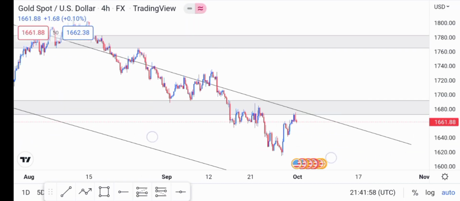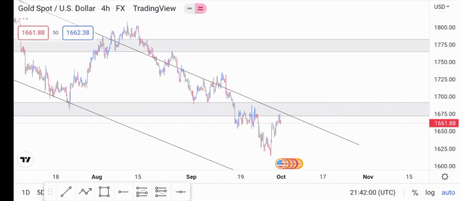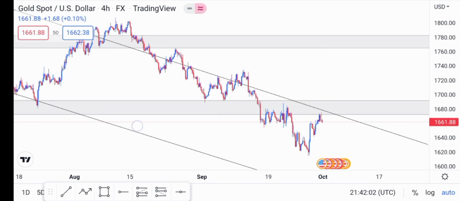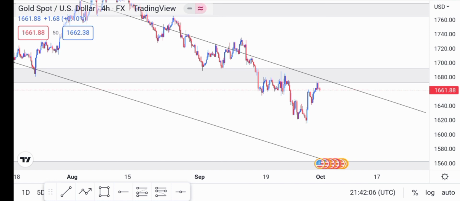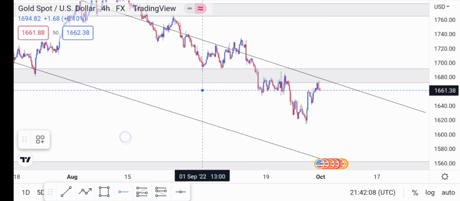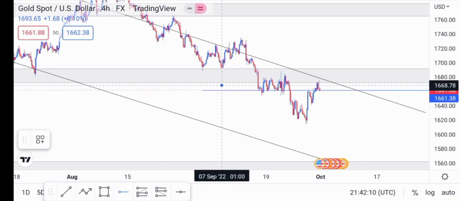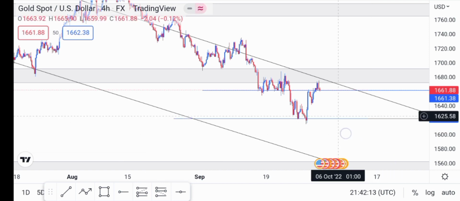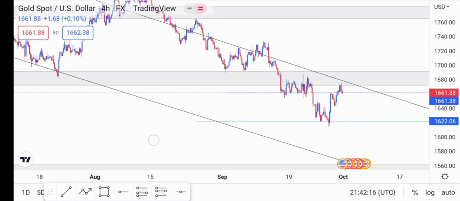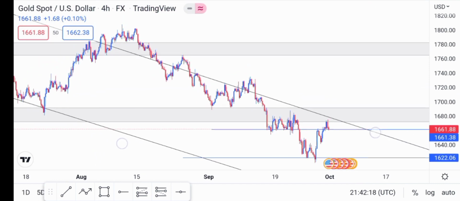Okay, so you're on the 4-hour time frame. Seems like gold has been creating a little bit of levels around this area here and here as it rejected to push it to the lower side. So this is the other levels that we have.